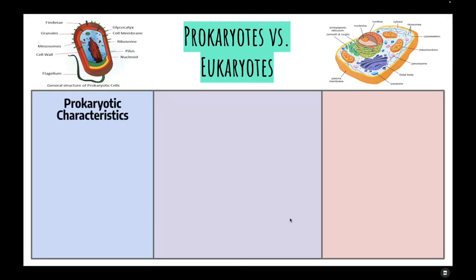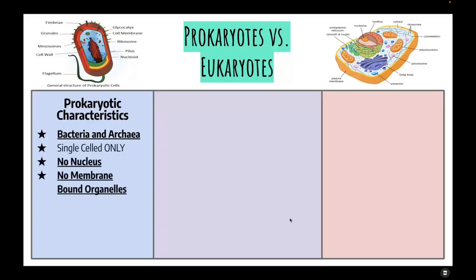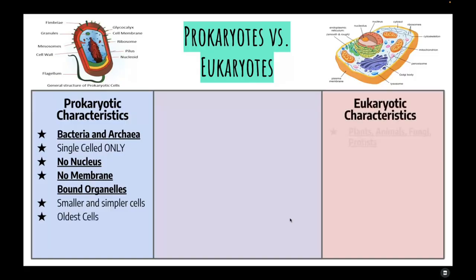So let's talk about some similarities and differences between prokaryotes and eukaryotes. Like I mentioned, bacteria and archaea are single-celled, with no nucleus, no membrane-bound organelles, smaller and simpler, and they're the oldest cells. Eukaryotic cells include plants, animals, fungi, and protists, as I mentioned. They are multicellular, so they have a lot of cells.